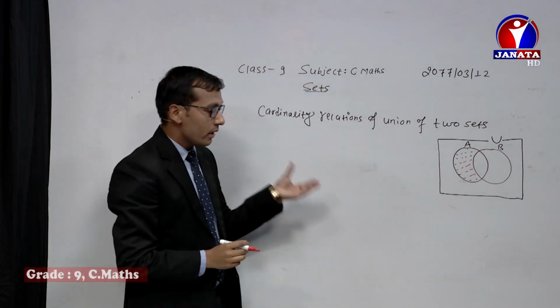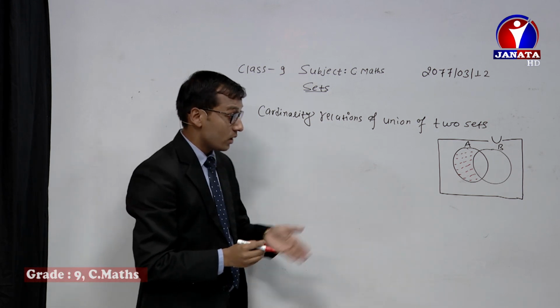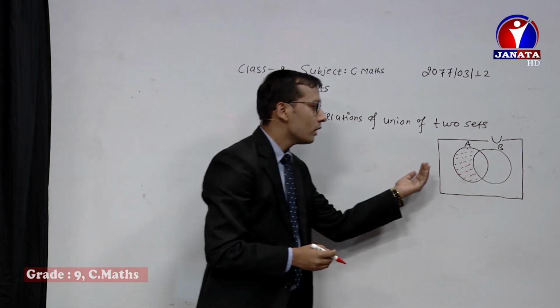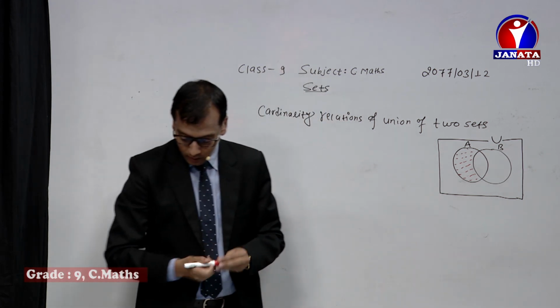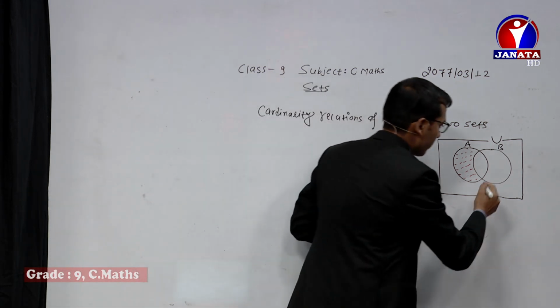The red colored region in the diagram represents A difference B, n of A difference B, or this is called n only A. Similarly, let me color the different regions with different colors.